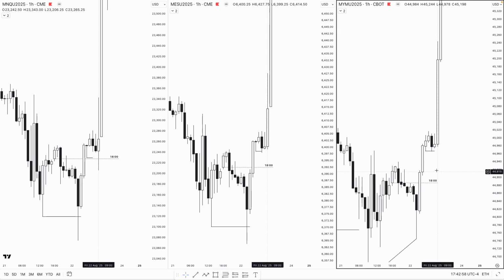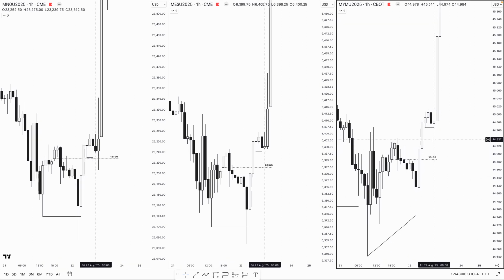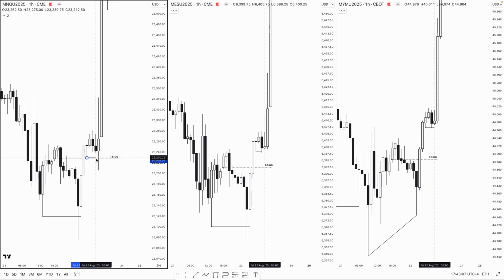So at 8 a.m., YM and ES both give up close candles on the 1-hour chart, whereas NQ gives us this down closed candle. And so this is a precision candle once again.